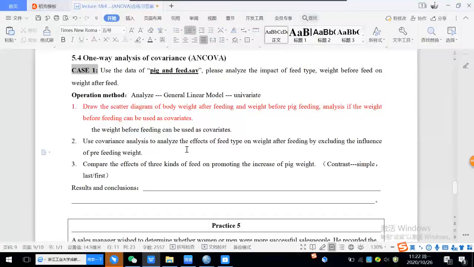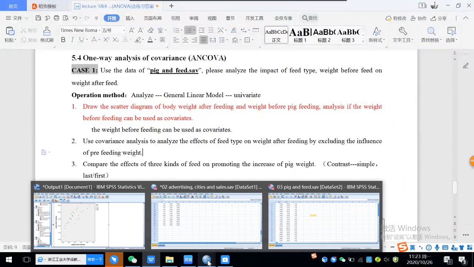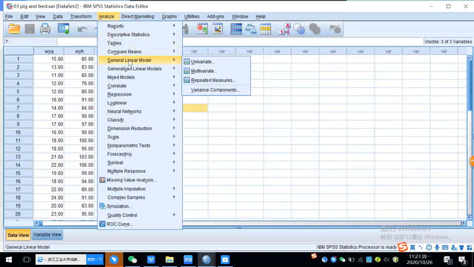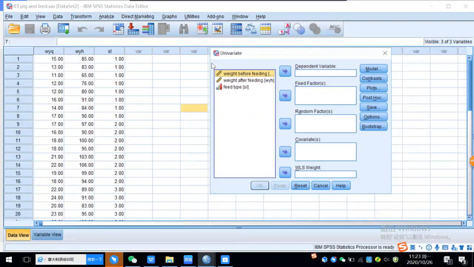Let's look at the analyze menu here. We will use general linear model, univariate. Here, dependent variable is weight after feeding.